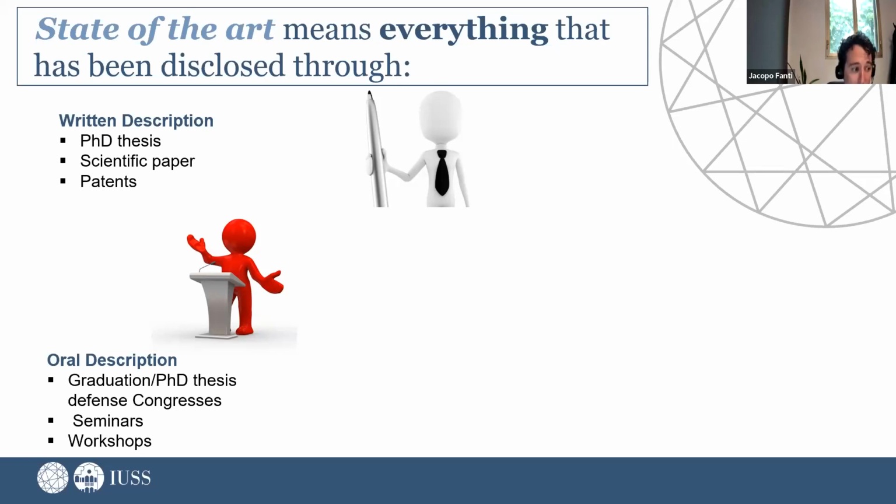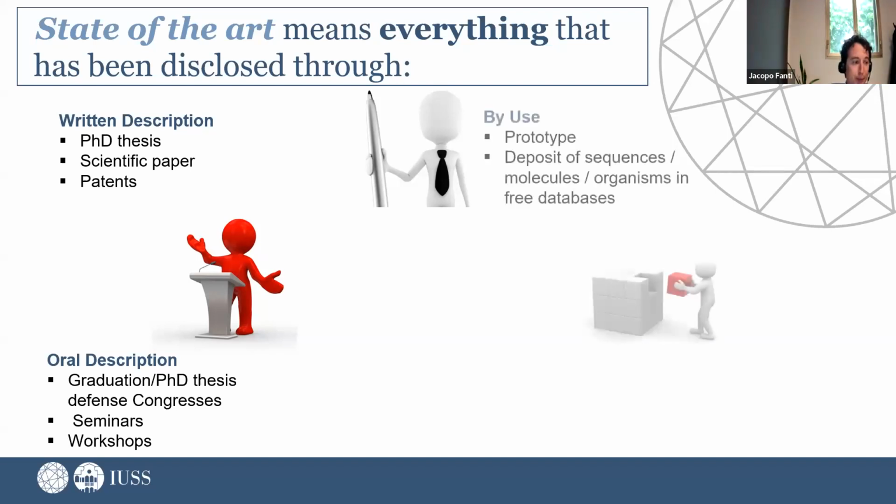Then we have oral description also, through a graduation, for example, or a seminar or a workshop in which you present your research result. Also in this case, you cannot be in the position to file a patent application since you already described your research result.